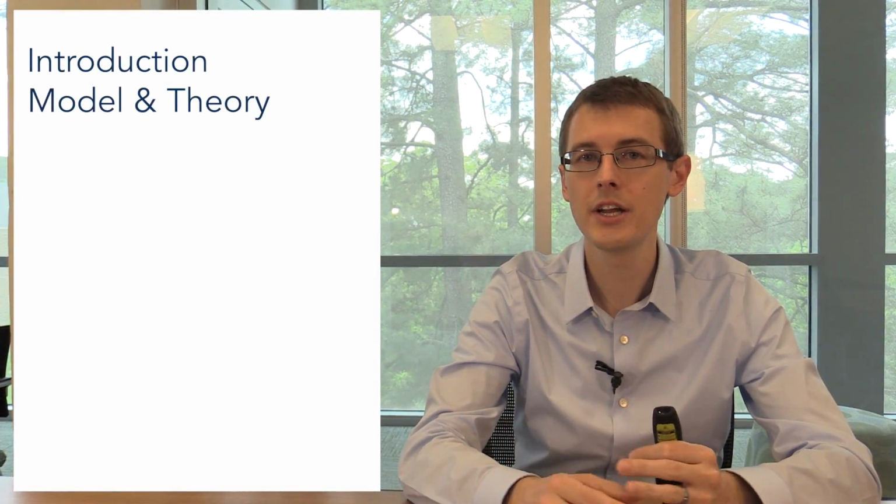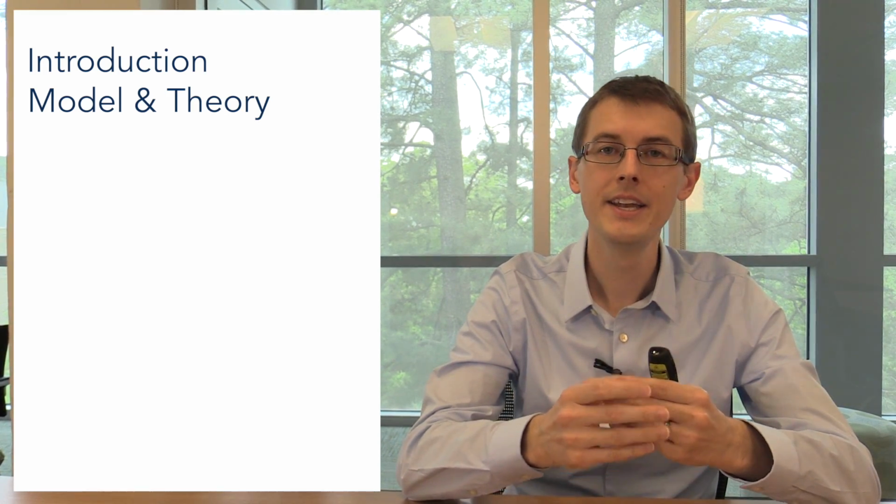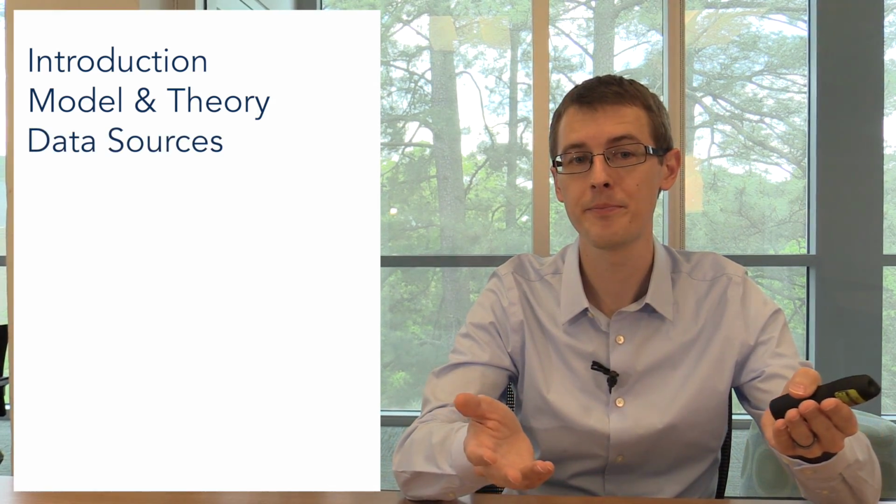Okay, the next thing you want to do is know the structure or the typical outline of a paper. So it's going to start with the introduction. Then it'll maybe talk about a mathematical model or just a theoretical discussion of the substantive problem they're trying to tackle. Next, it'll talk about the data sources. What data are they using and where did it come from?